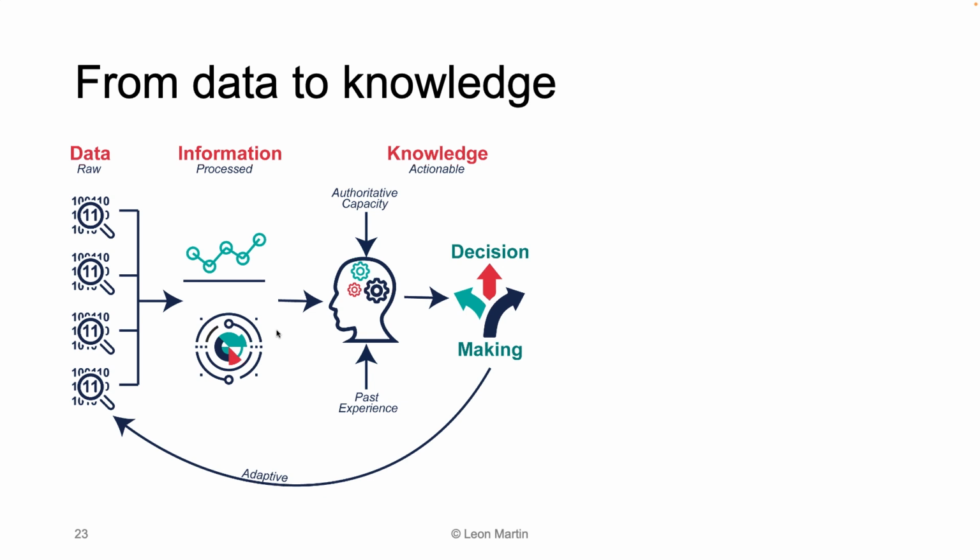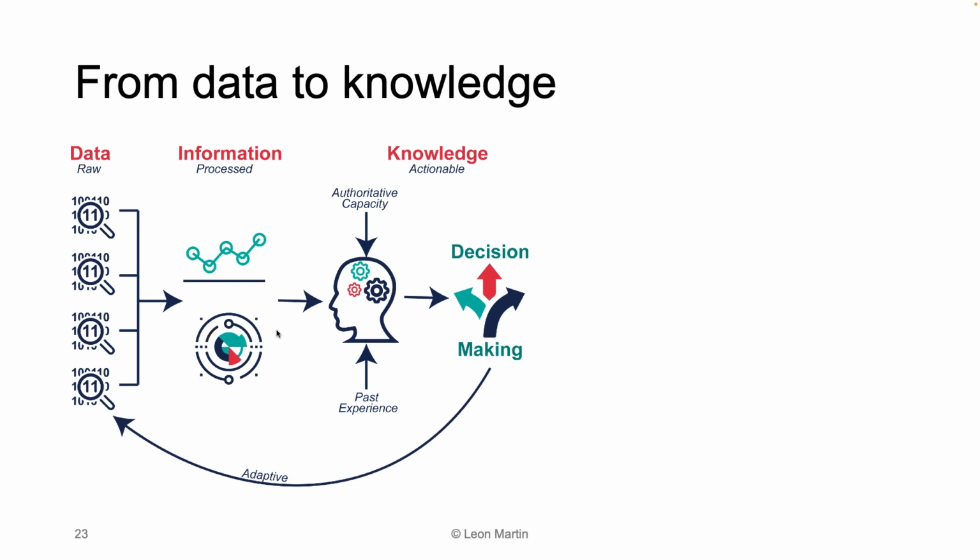So the question is then, how can we get from data to knowledge? I already talked about this, but maybe to make it a bit clearer. Data are the raw alphanumeric values. It's just numbers or strings that are obtained through different methods.